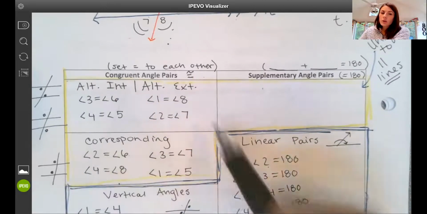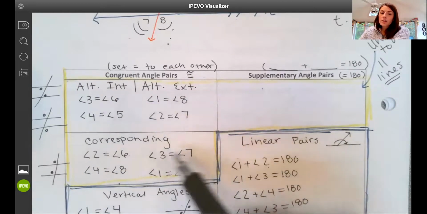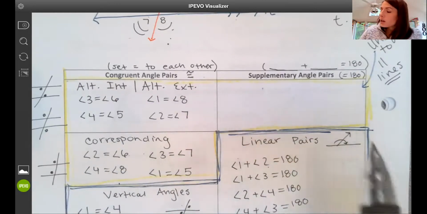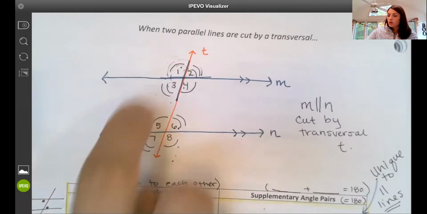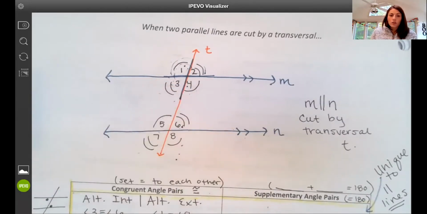Right, any of the stuff up here, alternate interior, exterior, corresponding, or what do you think the other supplementary angle pair will be? Look at my diagram too. Remember our linear pairs had one of each at the angle. So what's the last relationship we haven't talked about yet?